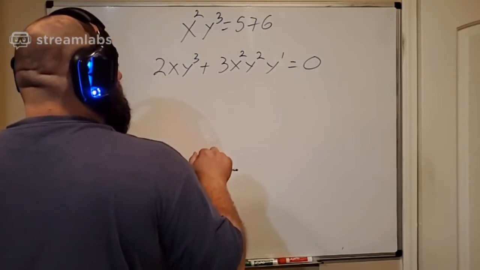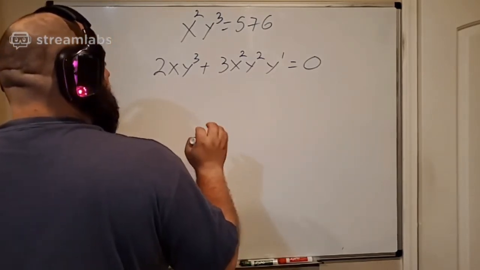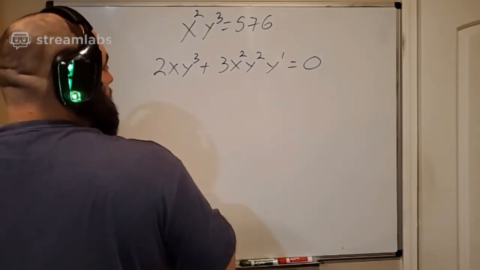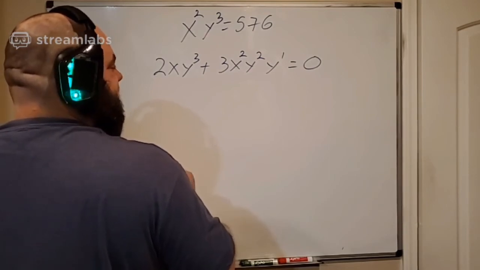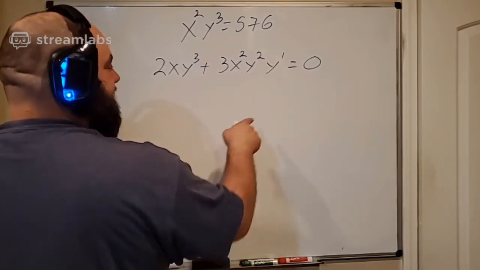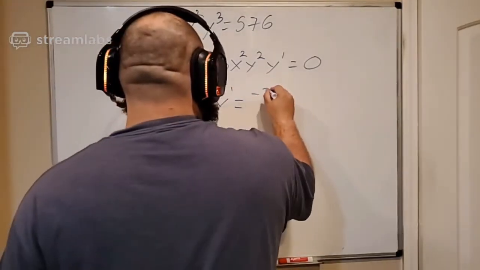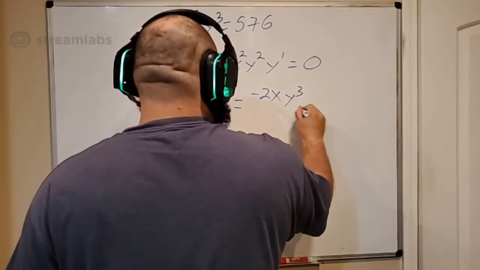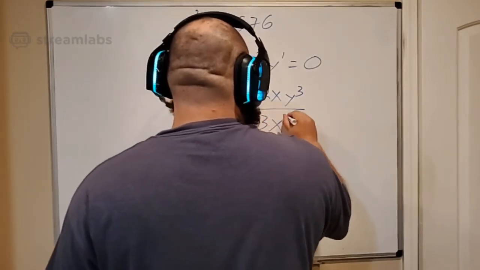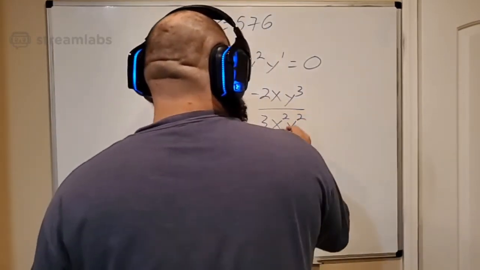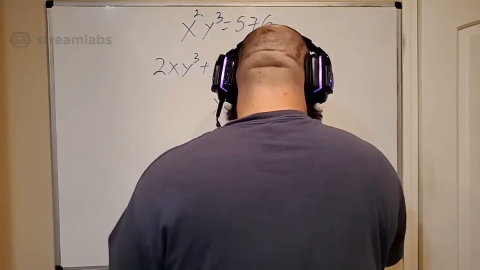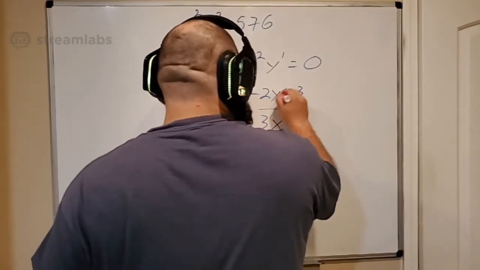I'm going to take a derivative again. Actually, no. I'll do quotient rule. Quotient rule will be a lot easier. So you get y prime is equal to negative 2x y cubed over 3x squared y squared. I don't know if you'll be able to see the red or not, but that goes away, that goes away, that all goes away, and that goes away.